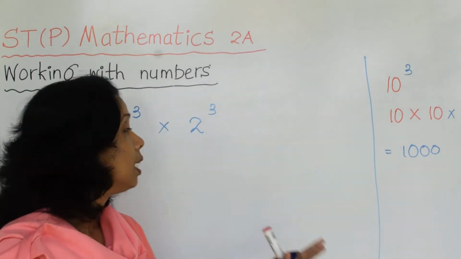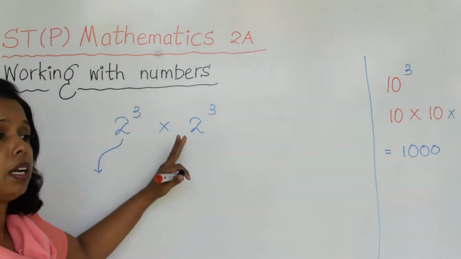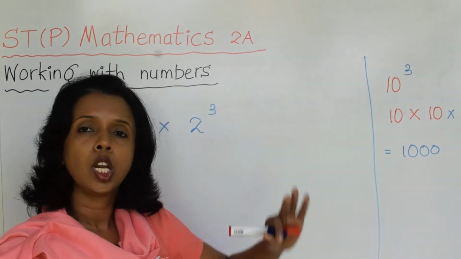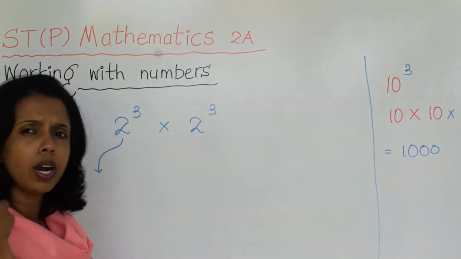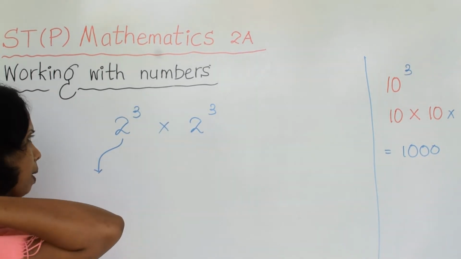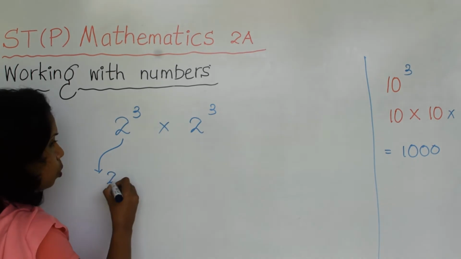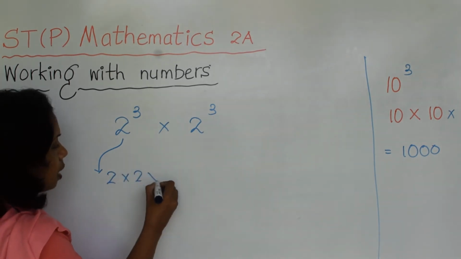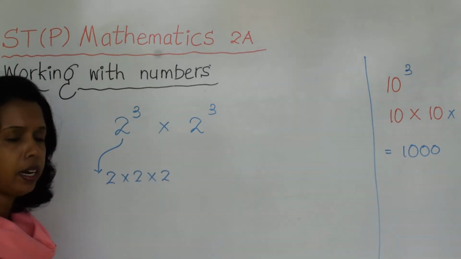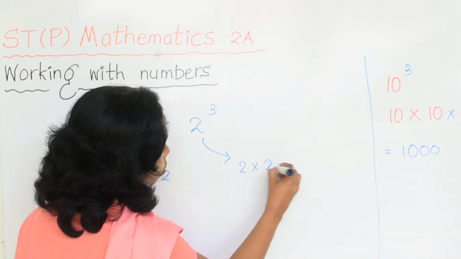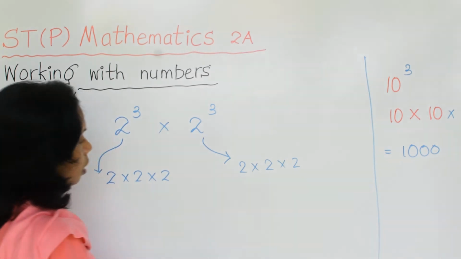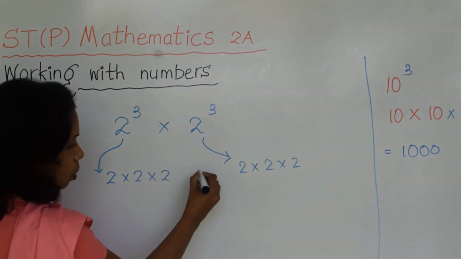But here it is 2 to the power 3 multiplied by 2 to the power 3. First of all you want to find this value. How can you find the value, children? 2 to the power 3 is 2 times 2 times 2, right? Then this is also a multiplication.